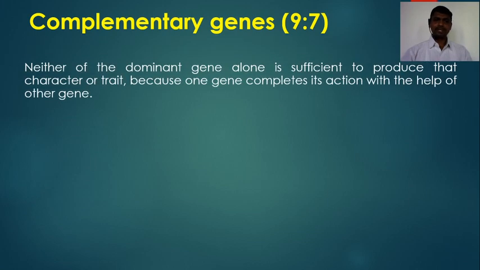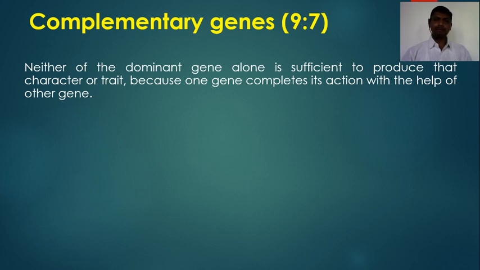Neither of the dominant genes alone is sufficient to produce that character or trait, because one gene completes its action with the help of the other gene. So these dominant genes independently or alone are not able to produce that character or trait. Why are they not able to express it? Because one gene completes its action with the help of the other gene.